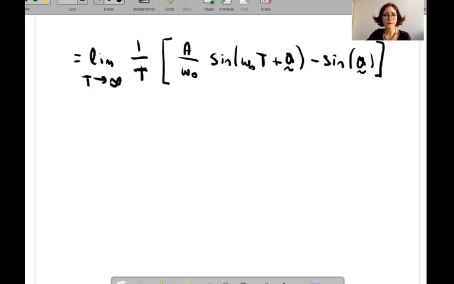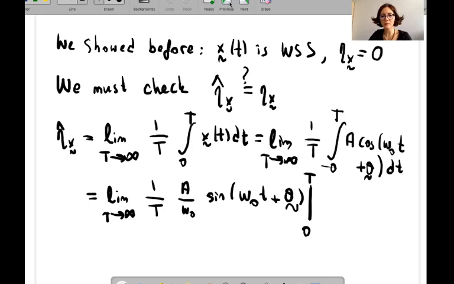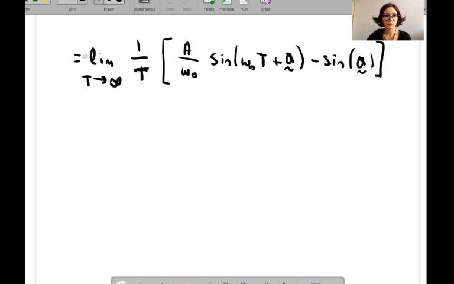Now, what was this again? Going back to the previous slide, this was our estimate of the random process, the time average estimate of the mean function.